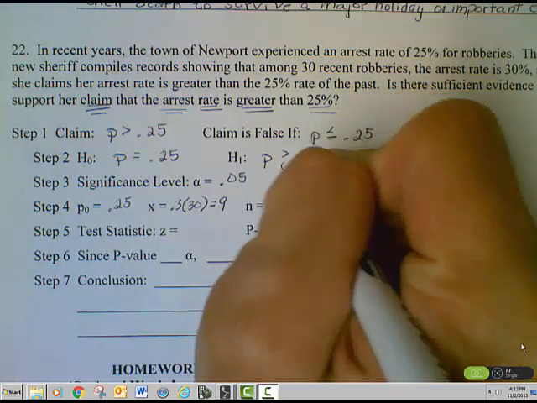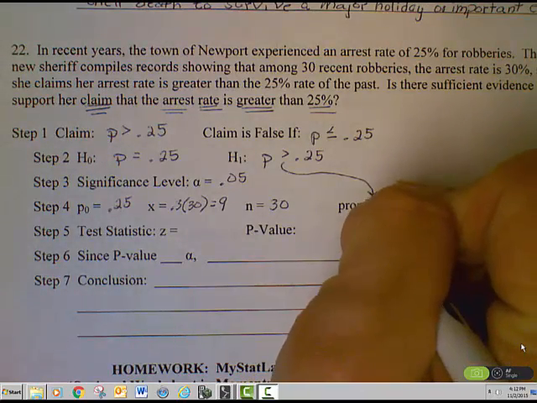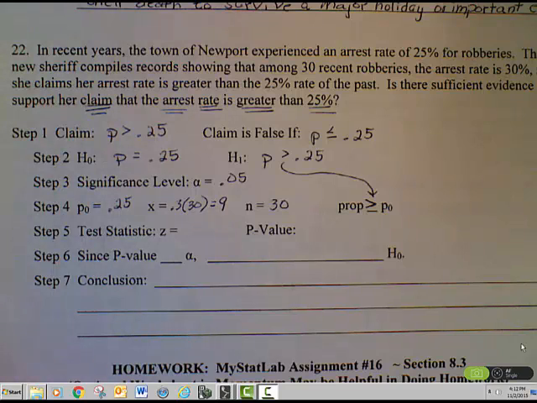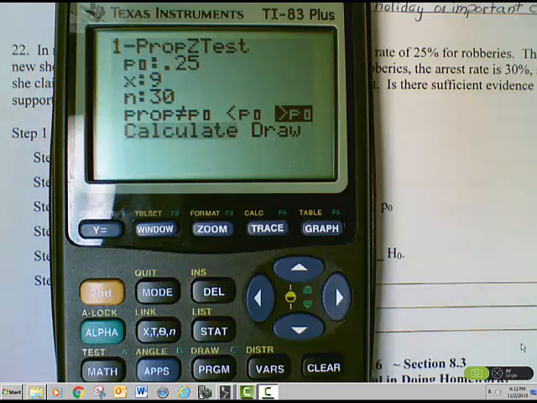And remember to select the symbol in your alternate hypothesis. Make sure you choose the greater than on your calculator. Let me enter this real quickly. This is what I have on my calculator.